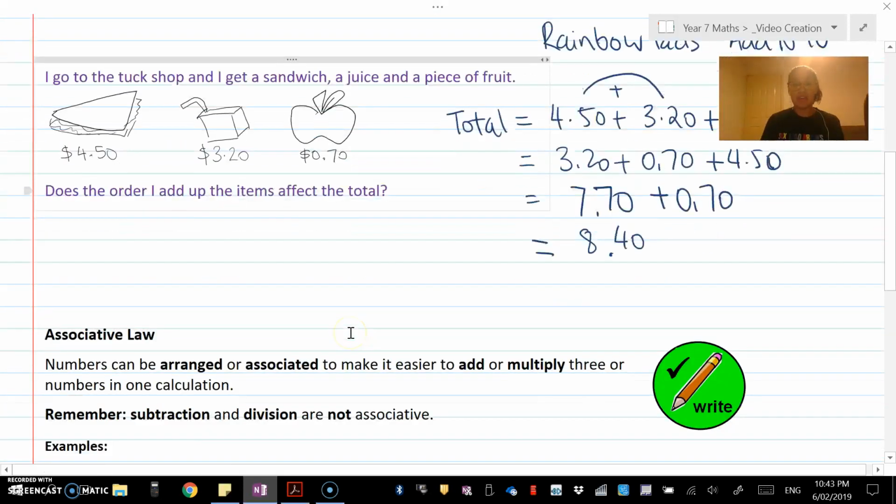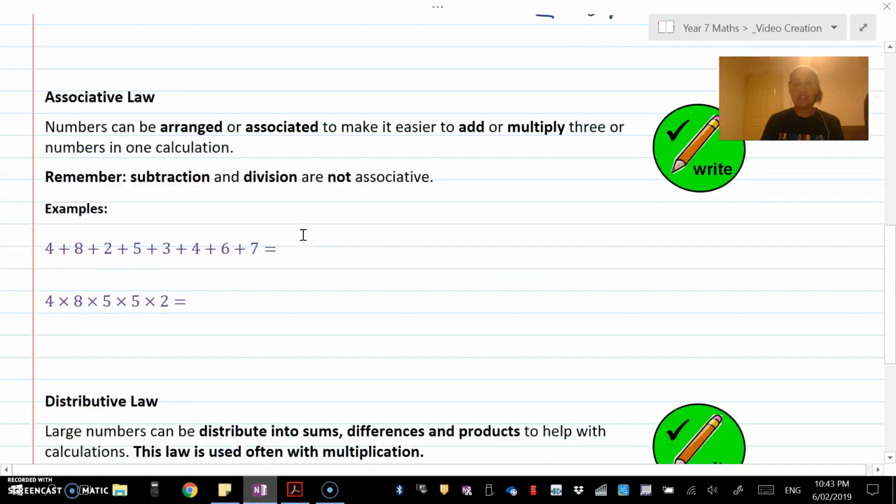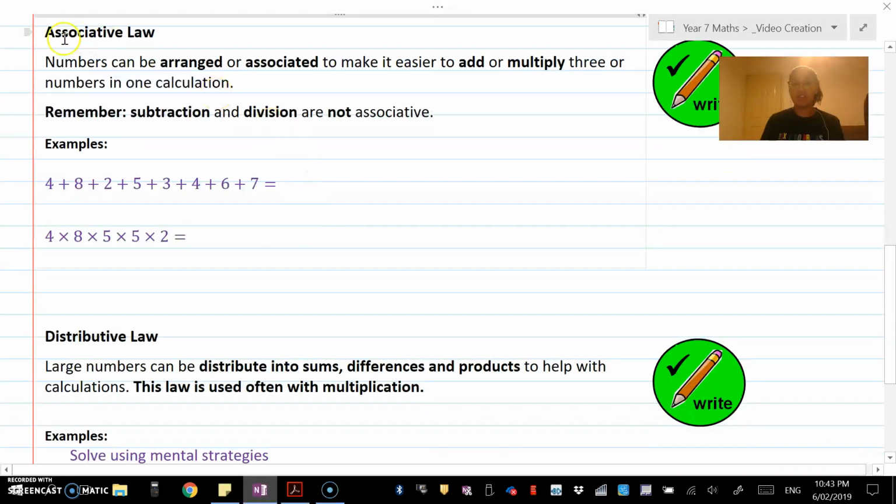Okay, and so the next one is associative law. So the associative law, your numbers can be arranged or associated to make addition and multiplication of 3 or more numbers easier. So remember again, subtraction and division are not associative because order matters for those operations. For example, I've got a set of numbers here that I'm trying to add together.